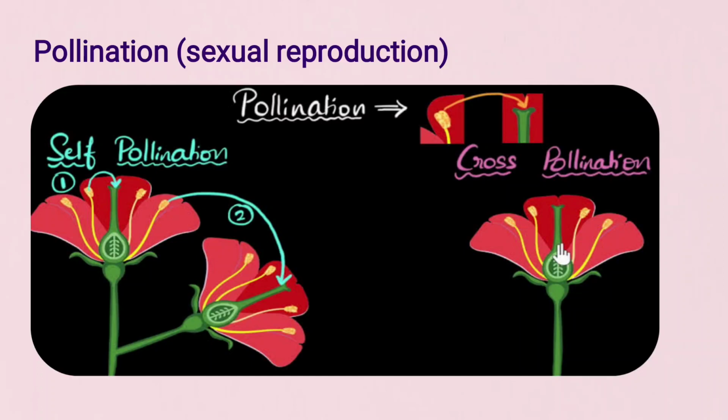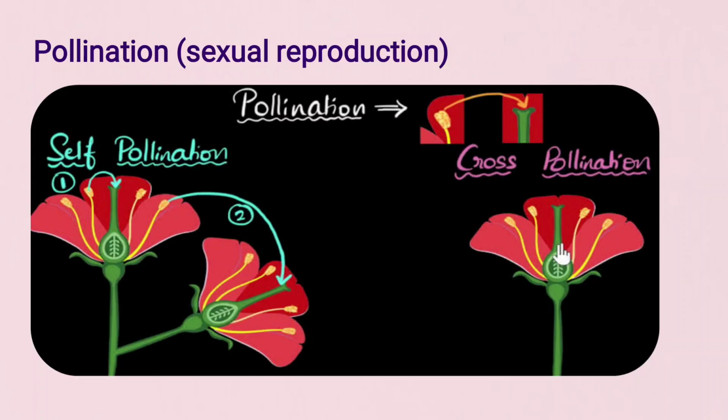Pollination means the transfer of pollen grains from the anther to the stigma of a flower. Generally, pollination is of two types. They are self-pollination and cross-pollination. Let us see self-pollination.